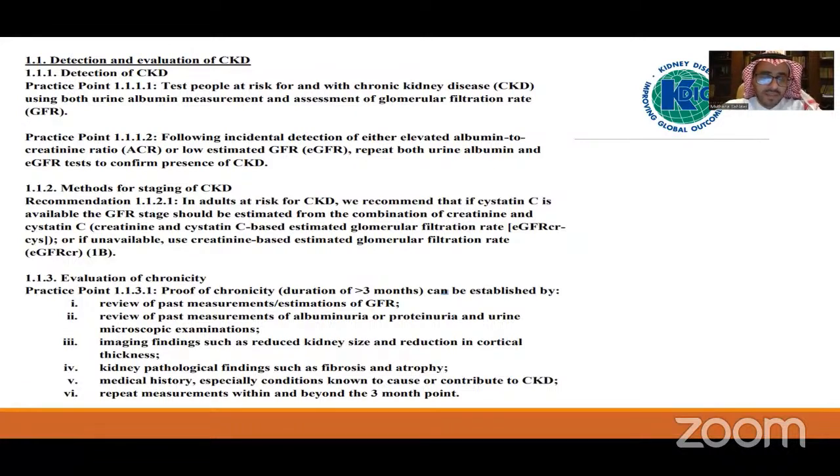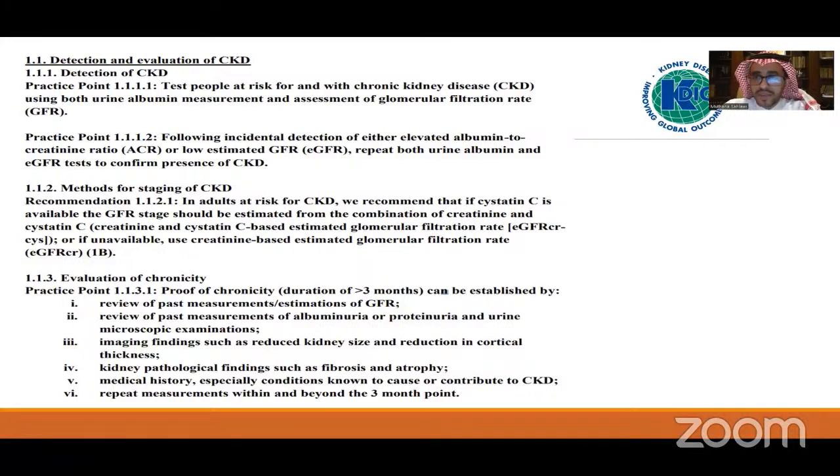And the estimation can be done by a validated formula, with CKD-EPI being the most popular one. In estimating GFR, the guidelines suggest to use both cystatin C and creatinine in the formula to estimate GFR.